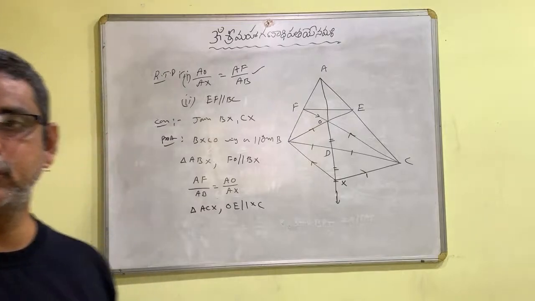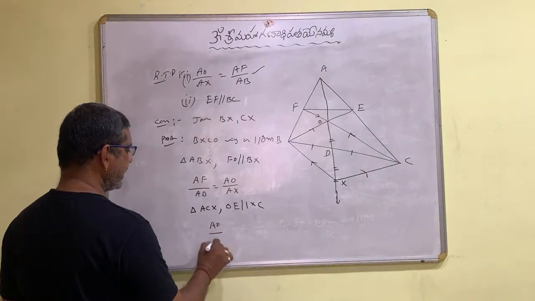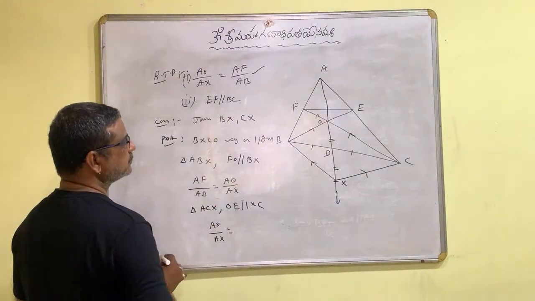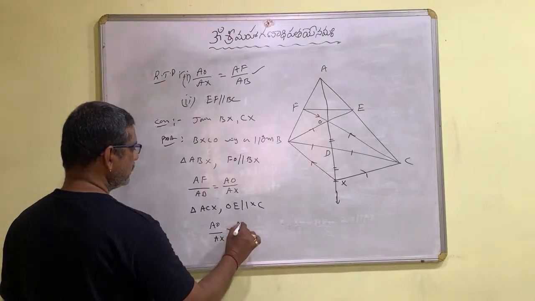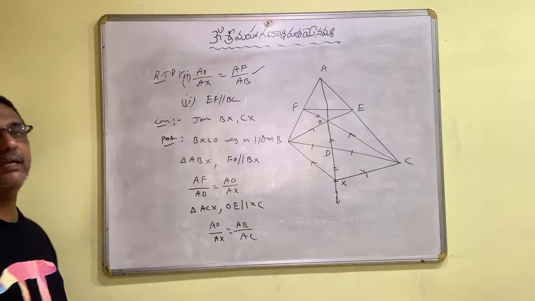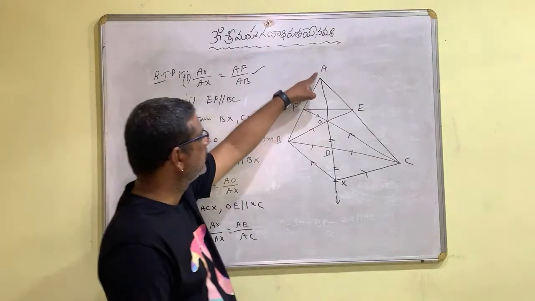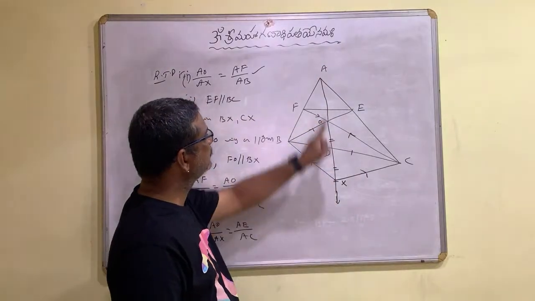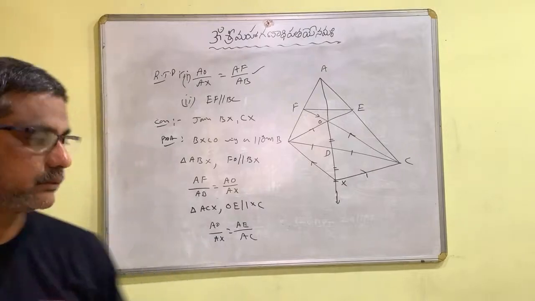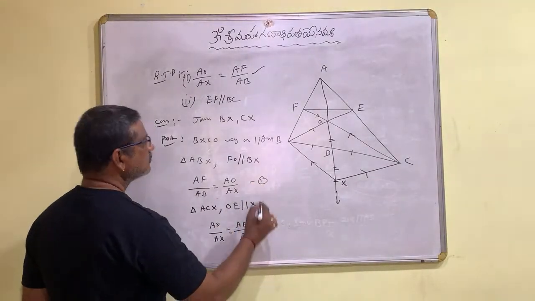Again by basic proportionality theorem, AO by AX is equal to AE by AC. AO by AX is equal to AE by AC. Now, this is 1, this is 2.